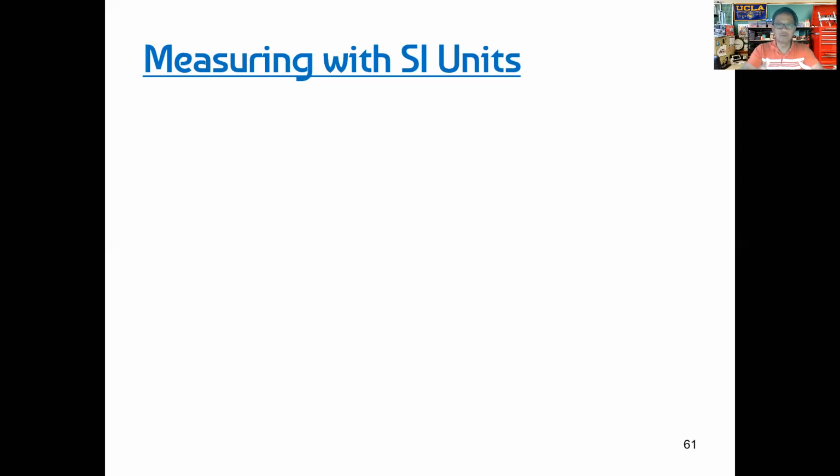Is the two referring to mass? Is it referring to a time? If we want to make sure that everyone understands that the two we just wrote down refers to the length of a person, we also have to include a unit. If we leave out the unit, the number is meaningless because it doesn't tell the reader what physical quantity is being measured.